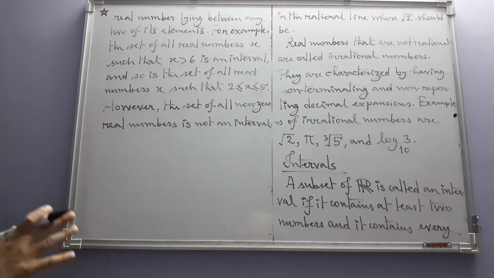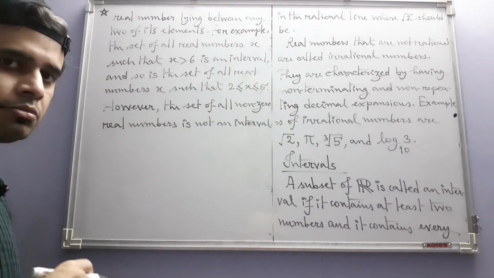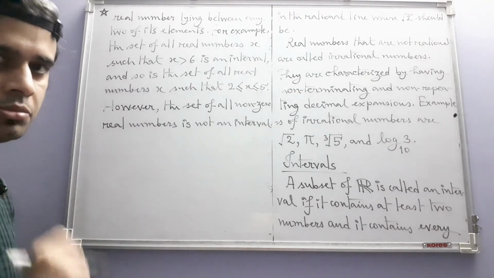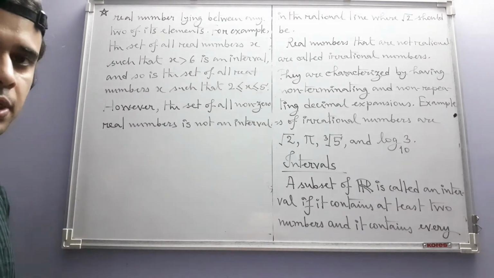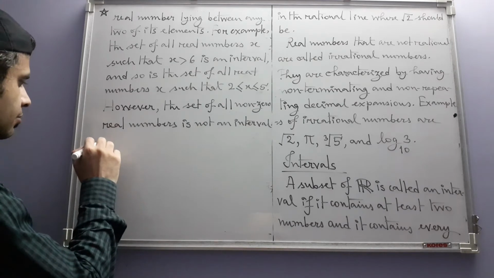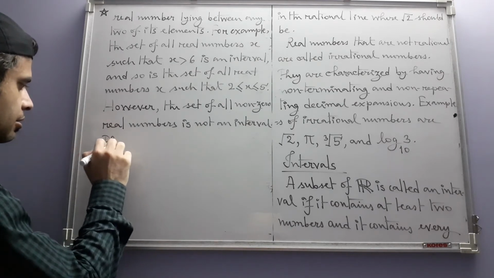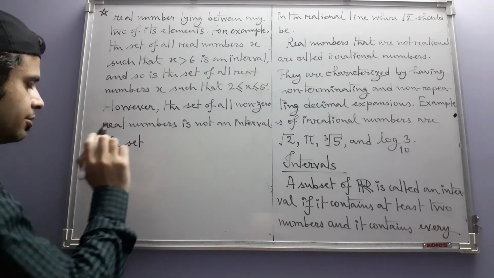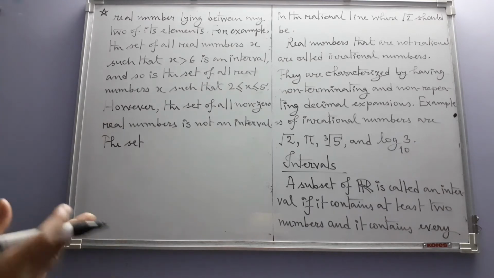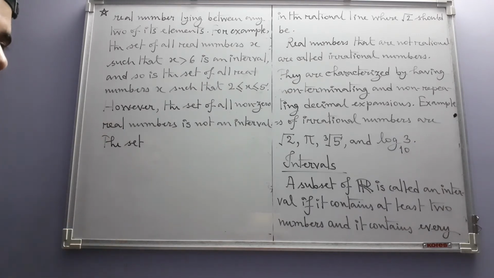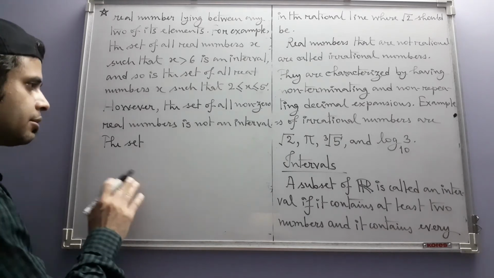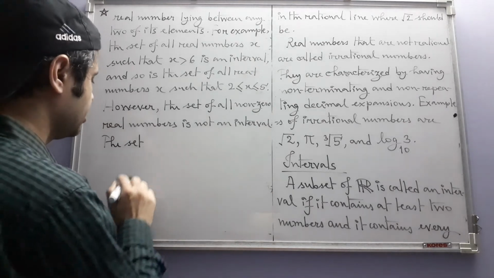If we consider the subset where we have all real numbers except 0, then that will not be an interval. Although this set contains at least 2 points, for example, any 2 non-zero real numbers, but it fails the second condition.